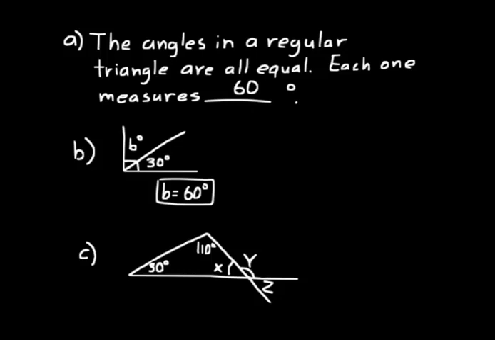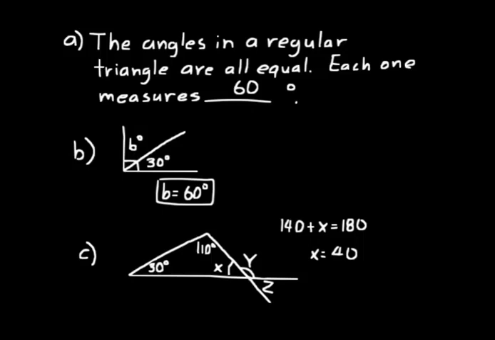Let's do one more problem. I want you to figure out what angle X, angle Y, and angle Z equal. And let's just think about this first. We have a 30 and 110 degree angle inside that triangle. We know that the sum of the angles in a triangle has to add up to 180. So that means that 30 and 110, which would be 140, plus X has to equal 180. So that means X must be 40.